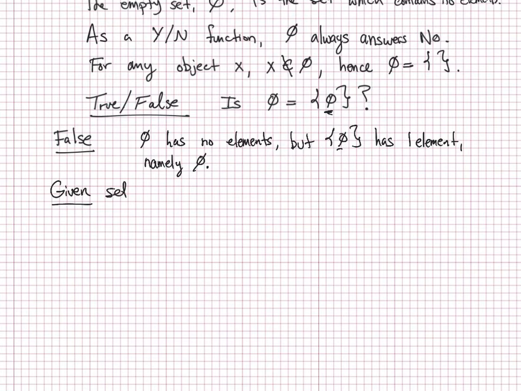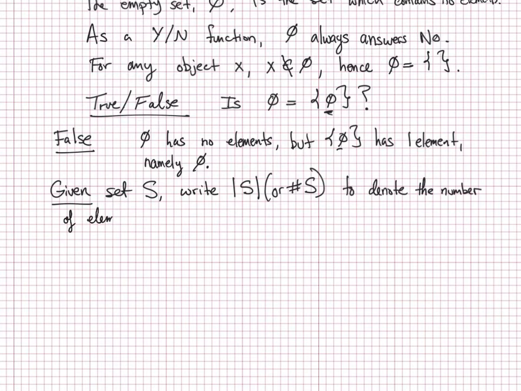Given a set S, I'll usually write the cardinality of S, or sometimes I'll write number S, which just denotes the number of elements of S. So the number of elements in S is called the cardinality of S. So far this makes the most sense when S is a finite set.